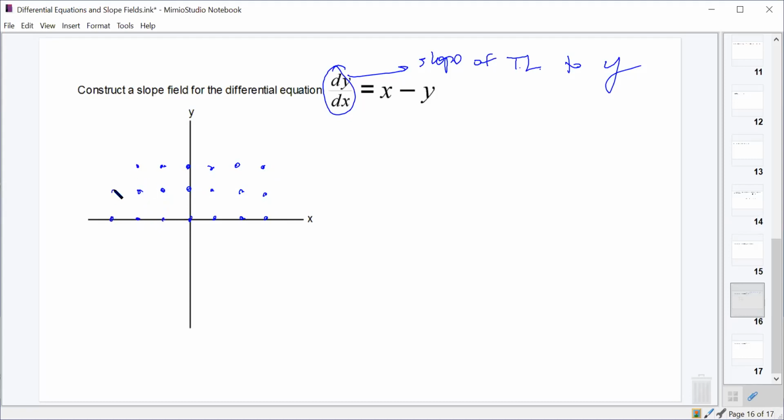And they'll say to sketch the slope field at the given points. And so that's exactly what we're going to do here.